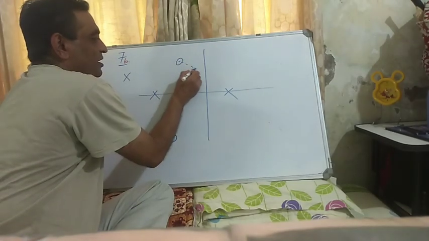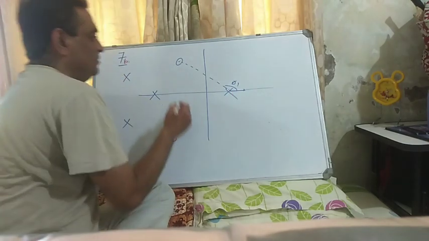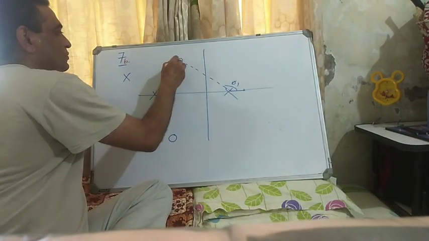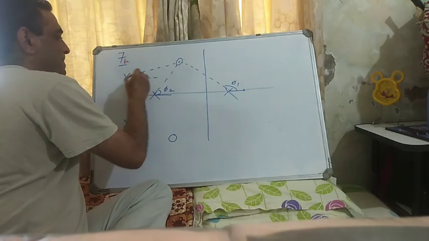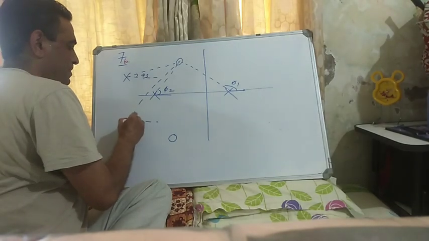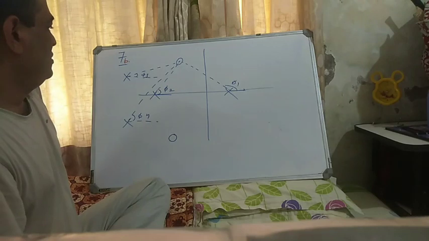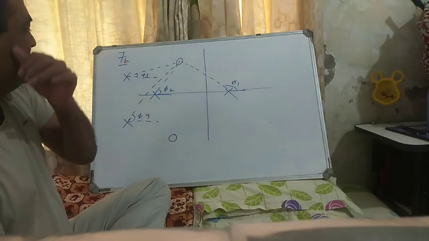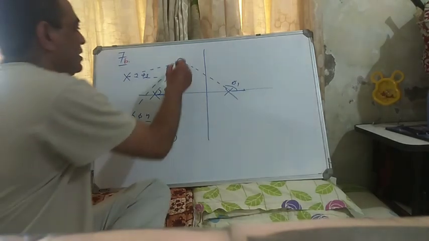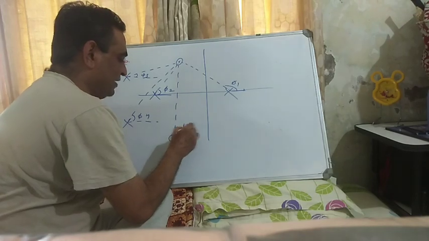So I need to take the angle contributions. Let's say this is phi 1, phi 2, phi 3, phi 4, and let's say this is phi 5.